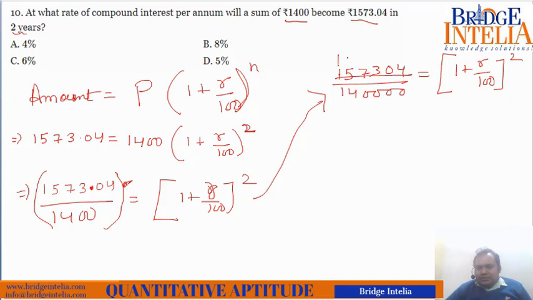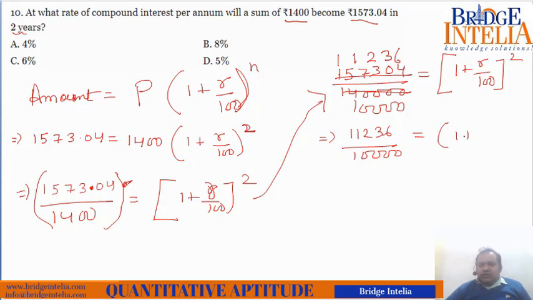So this is 11236 by 10,000, which is equal to 1 plus r by 100 whole square. 11236 is actually 106 whole square. So you can say this is 106 by 100 whole square.